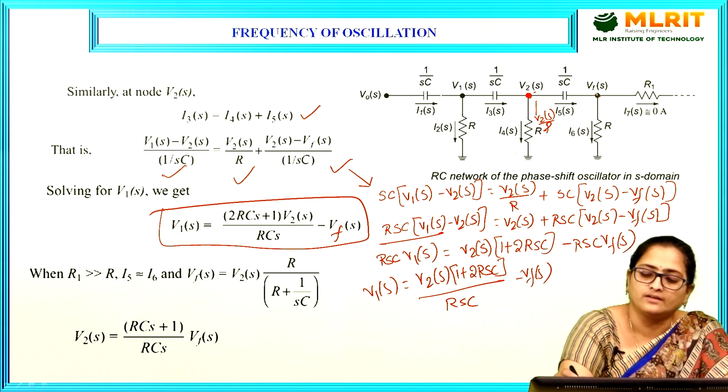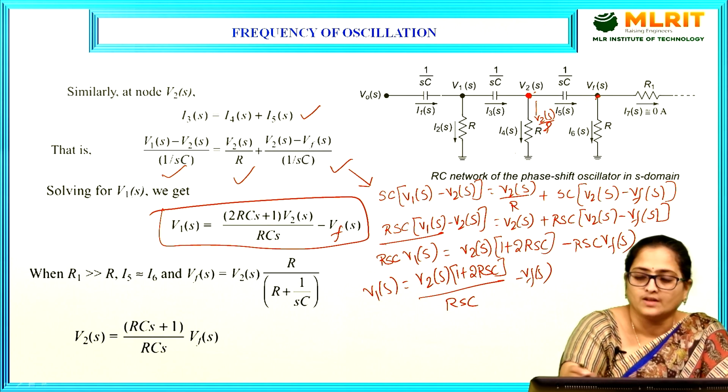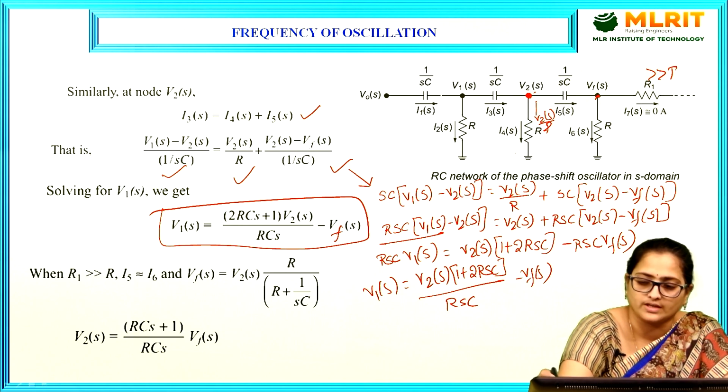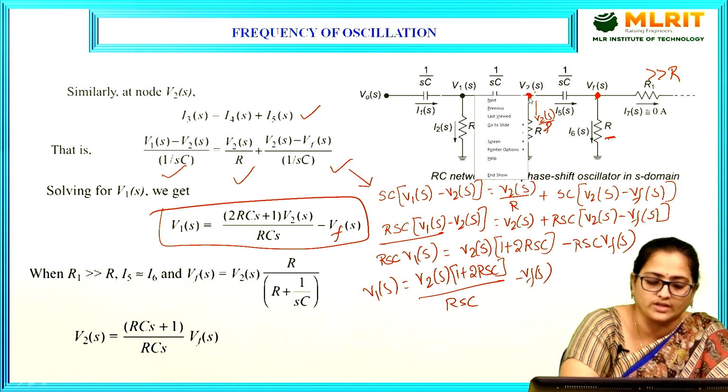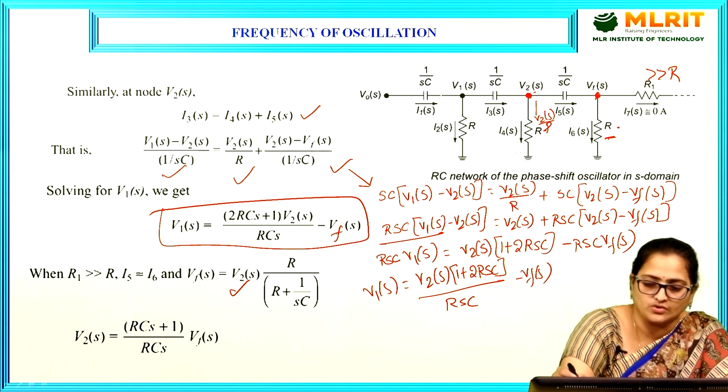Now here, if we consider R1 much greater than R, you can apply the voltage divider rule across here, and you can write Vf(s) is equal to the opposite voltage V2(s) into R divided by R plus 1 by sC.